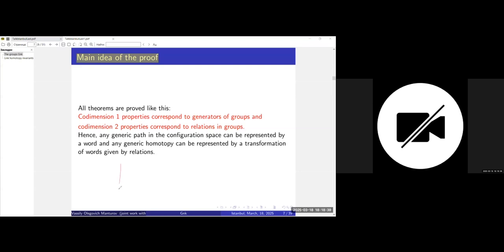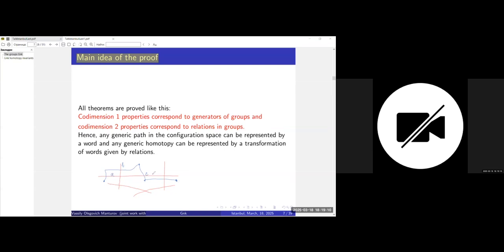So assume we have some topological space. And this topological space has walls and has chambers. And we want to walk from one point of the topological space to another point. And when we walk, generically we cross walls, A, B, C, D, and so on. So we can write down a word.